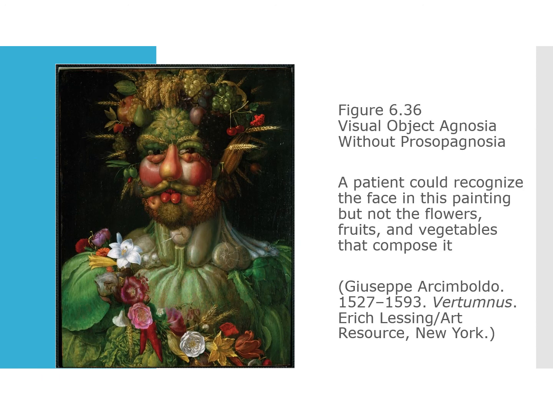I keep coming back to this idea that the specific behavioral outcomes, or the specific perceptual disabilities, if you want to call them that, that we see are really going to depend on the specific location of the damage and the severity of the damage.